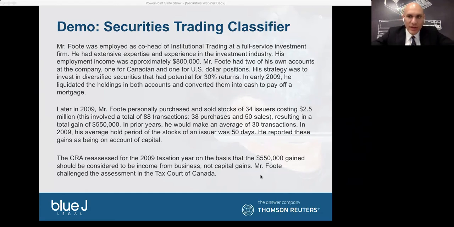Okay, so the personal services business rule, for those of you who aren't familiar with it, a personal services business is defined in subsection 125(7). And essentially, a personal services business is a business that's carried on by a company that is employing someone who's called an incorporated employee.